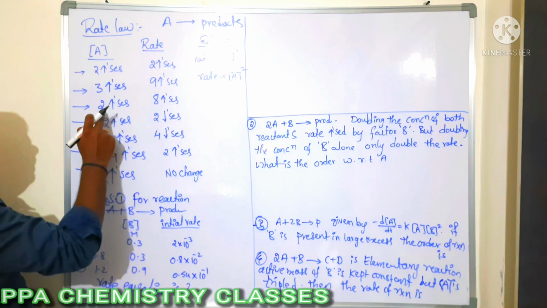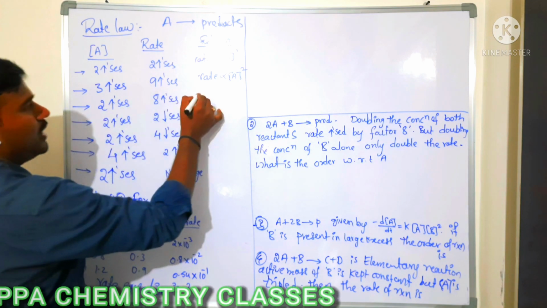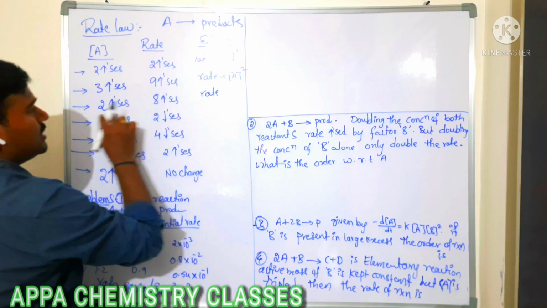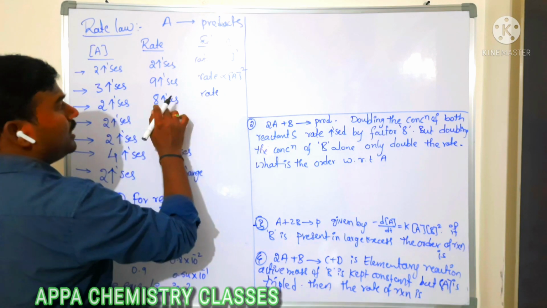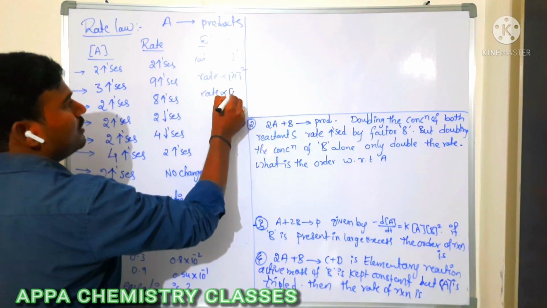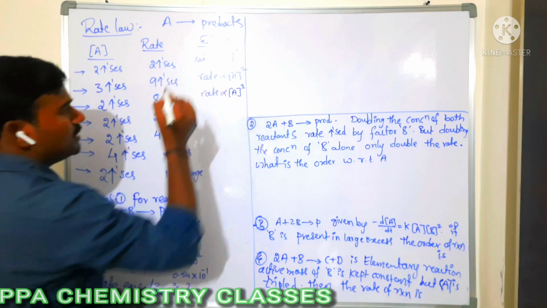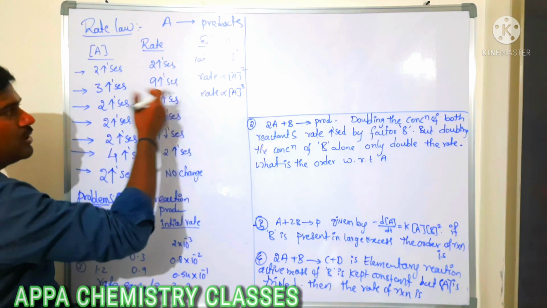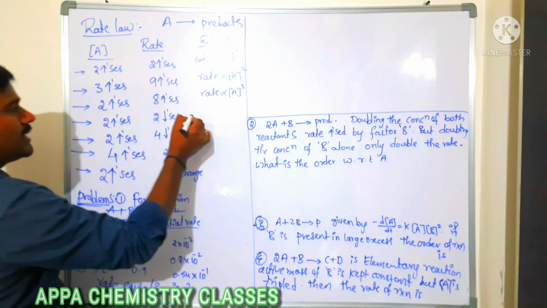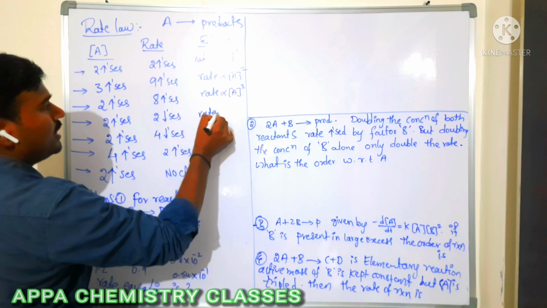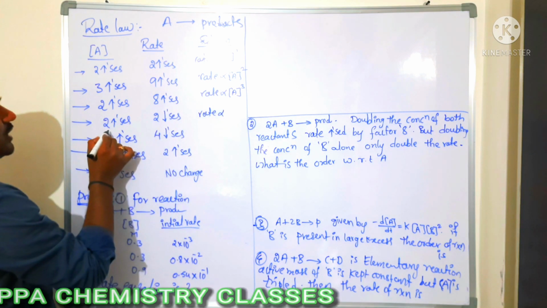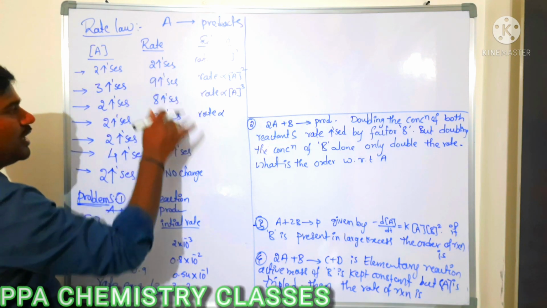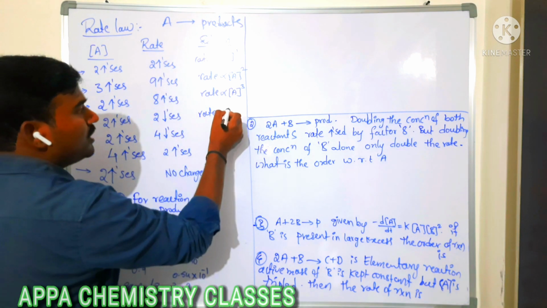And also you can take here, rate increases by 8 when concentration increases by a factor of 2, then it is A power 3, that is 2 power 3, which is 8. So in this case, concentration of reactant is increased 2 times, rate is decreased 2 times, that is inversely related.